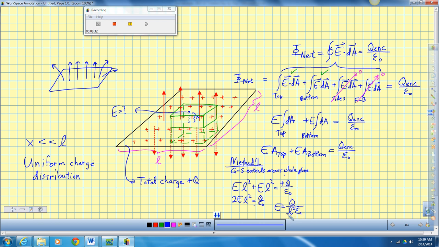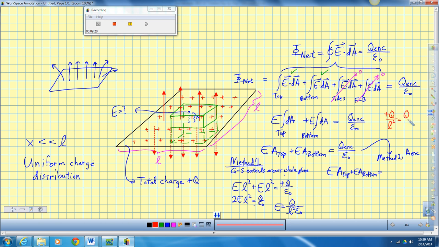The other way to do it is the way I, again, prefer. Use a proportion. Figure out what portion of that area is actually enclosed. So for me, I would say that E times the area of the top plus E times the area of the bottom is equal to, and for my Q enclosed, I'm going to set up a proportion. I'm going to say that Q total is my whole charge over area total L squared.